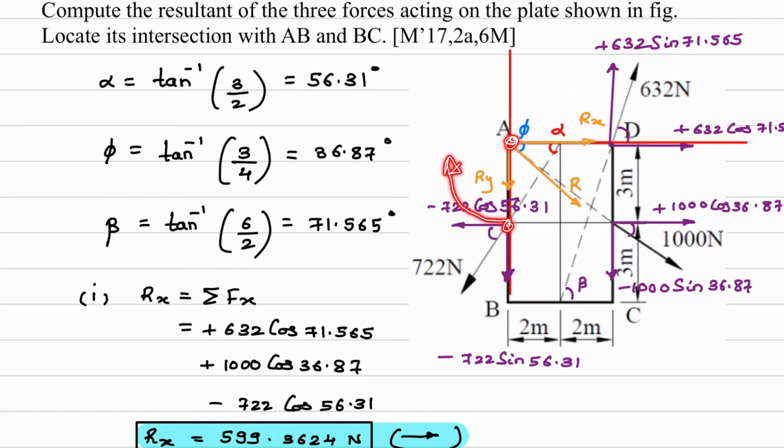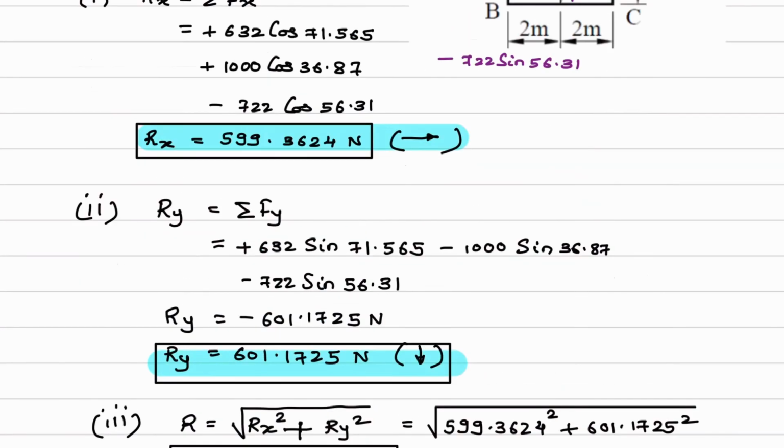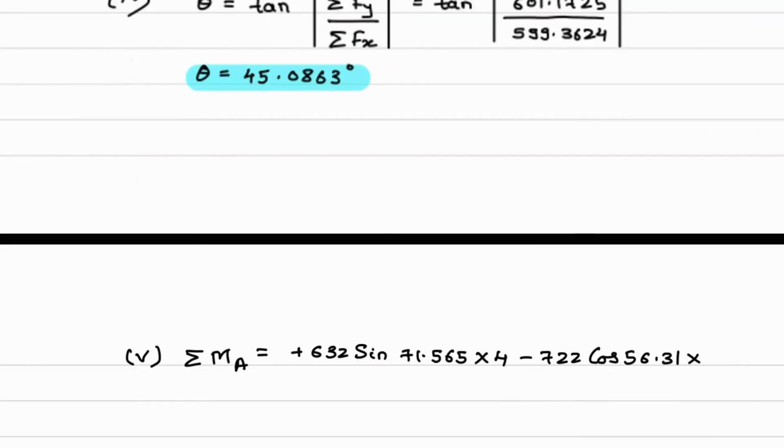So it will be minus. So minus 722 cos 56.31 multiplied by, what is the distance? The total distance is 6 and this has been given over here 3 meter. So this moment distance will be 3 meter. So multiply by 3.